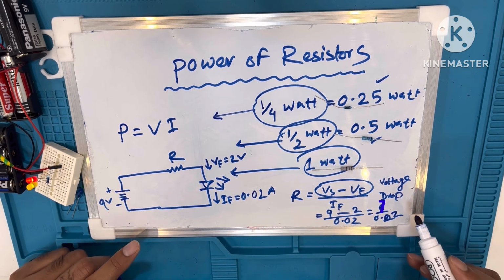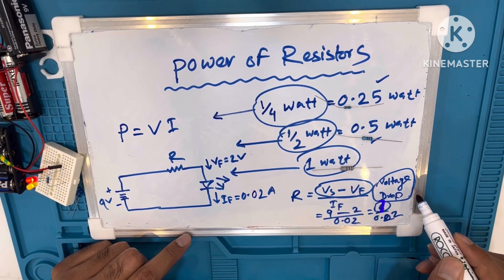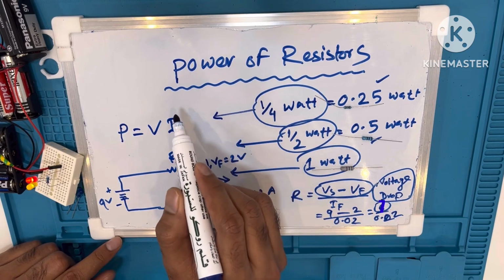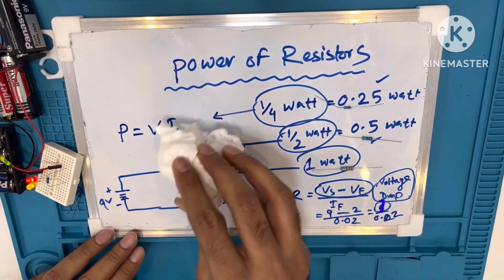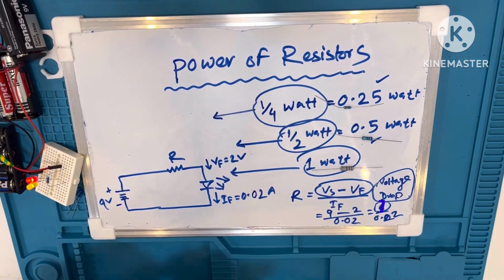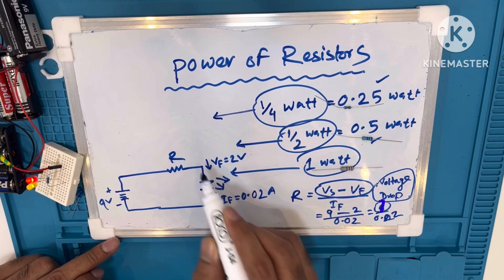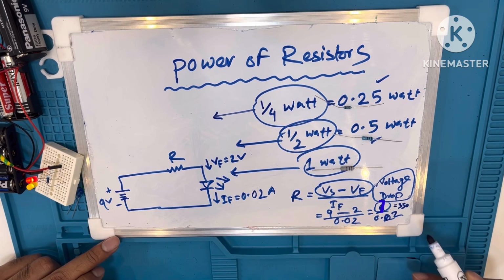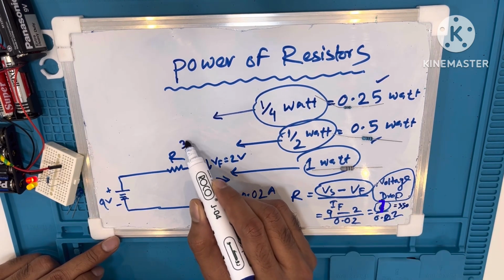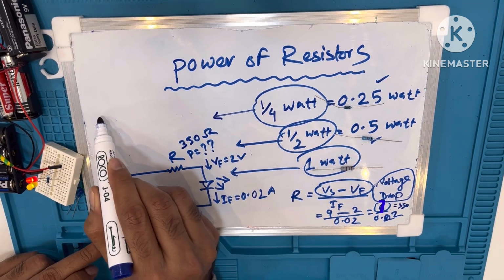So 9 minus 2 equals 7 volts, which is the drop voltage. From the equation we know the resistor value. So the voltage drop of 7 volts divided by the forward current gives a resistor value of 350 ohm.